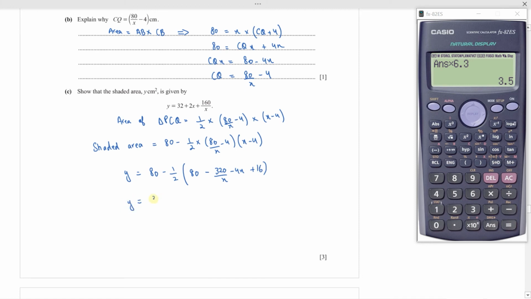So this will be y equals 80 minus 1 by 2 multiplied by 80 plus 16, which is 96. 96 minus 320 over x minus 4x. Now if I multiply this 1 by 2 inside, I will be left with 80 minus 96 divided by 2 is 48, minus 320 divided by 2, which is 160 over x, and 1 by 2 into 4 will be minus 2x here.